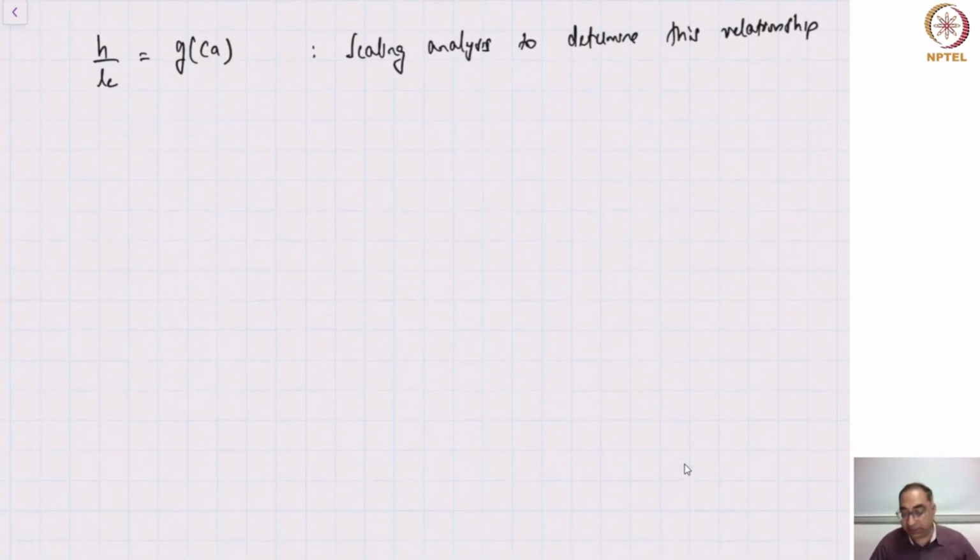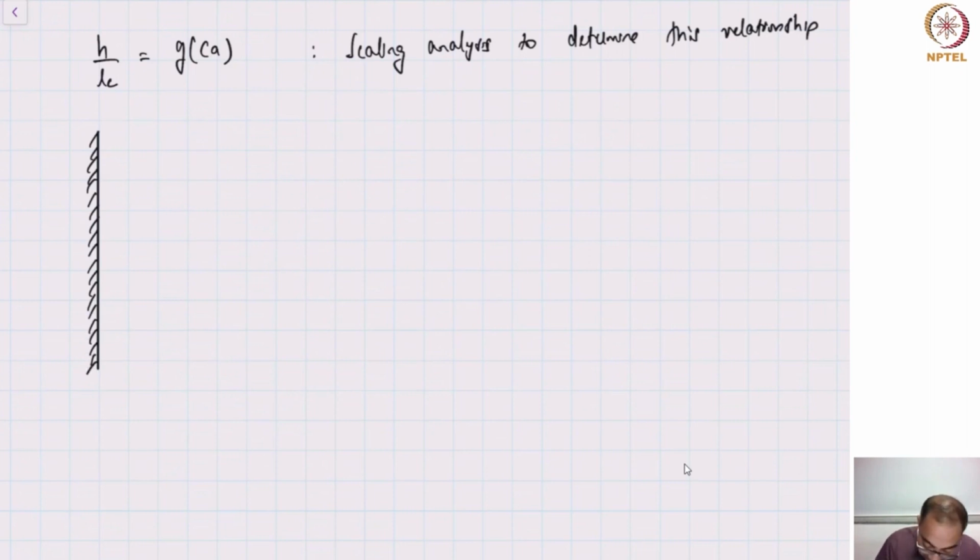Now, how do we go about doing this analysis? Now let's divide the problem into two parts. So here's my plate again. Let's first consider a static meniscus, a static region. And then on top of the static meniscus, I now have a dynamic meniscus.